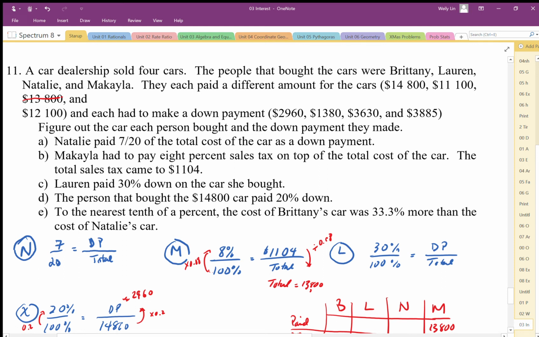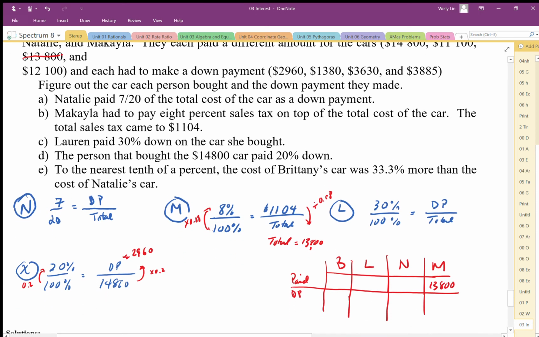I'm just going to randomly guess here. 3,630 looks like it could possibly be 30% of 12,000 or 11,000. So I'm going to guess at those. 3630 divided by 12,100, and there it is, our 30%.